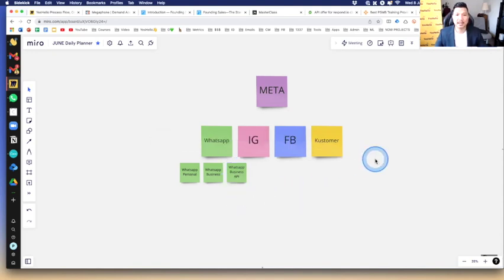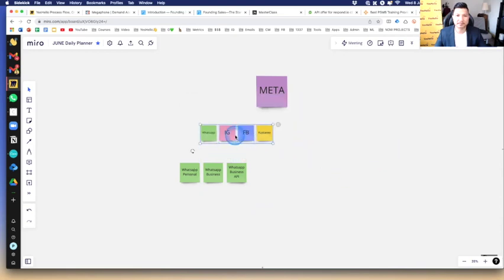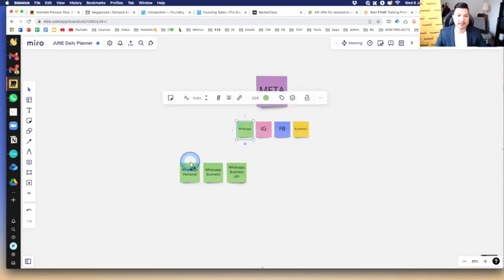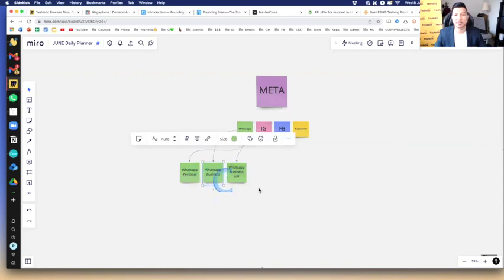All right, so let's focus on that a little bit. I'll make this a little bit smaller. Let's see how WhatsApp promotes all these products. They've got 3 products, but how do they sell them? For personal WhatsApp and WhatsApp Business, it's easy, they sell through the app store. For the WhatsApp Business API, for a long time, they only sold it through business partners.